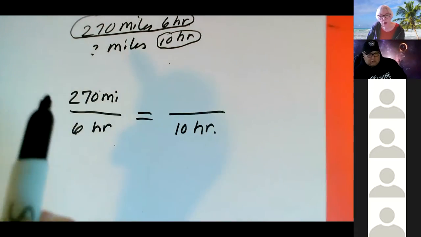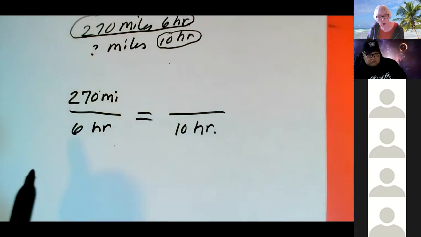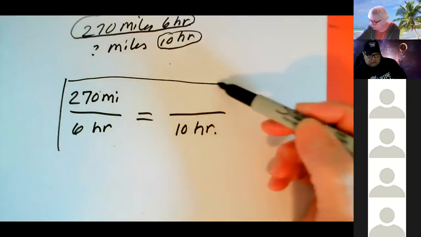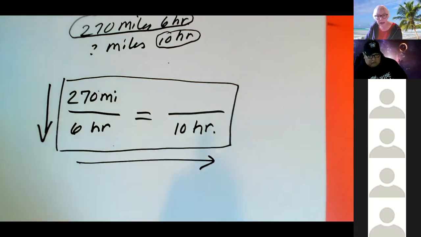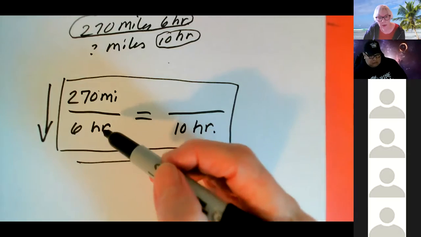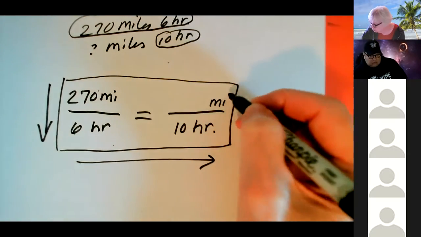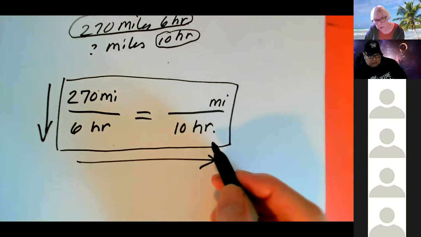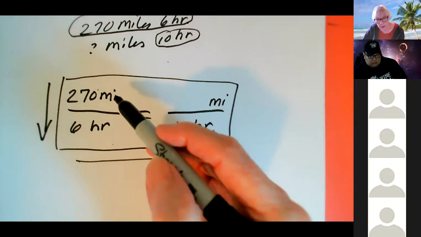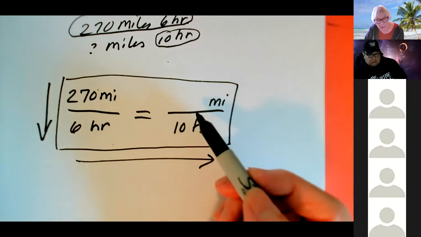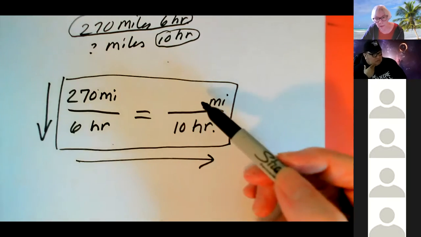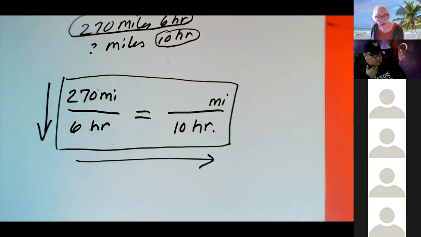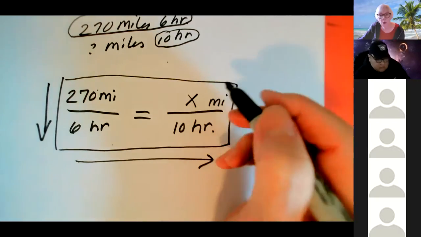So the interesting thing, although when we solve this we do this cross multiplying, when we set it up, it's like this matches that, this matches that. So it's set up vertically and horizontally. So miles to hours, this will be miles. And this will be hours. So it's really strict about that. Do you see what I'm saying? It's not diagonal matching. The setup itself, miles to hours, miles to hours. And so this is another legitimate way. And this, of course, is the missing number.